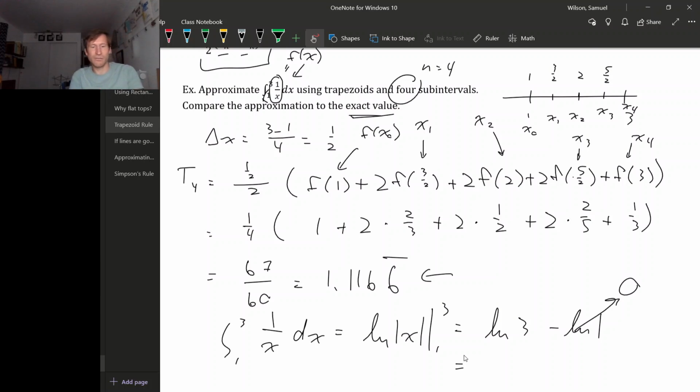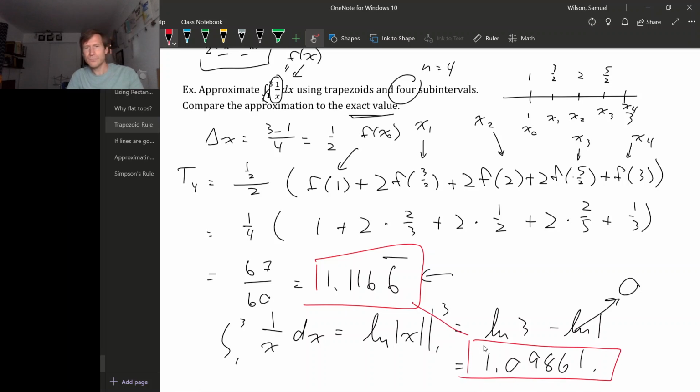And natural log of 3, if we just punch that into a calculator, is 1.0986. So comparing these two values, the value from the trapezoid rule and the value of the actual integral, you can see we got pretty close. It looks like we're off by about 0.12, which isn't bad considering the fact that we only used four trapezoids.